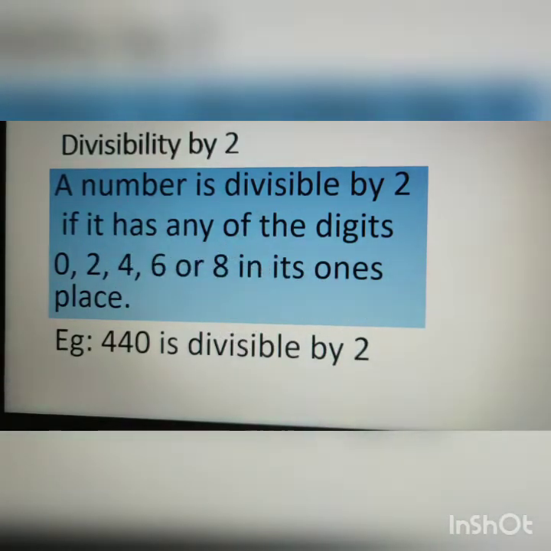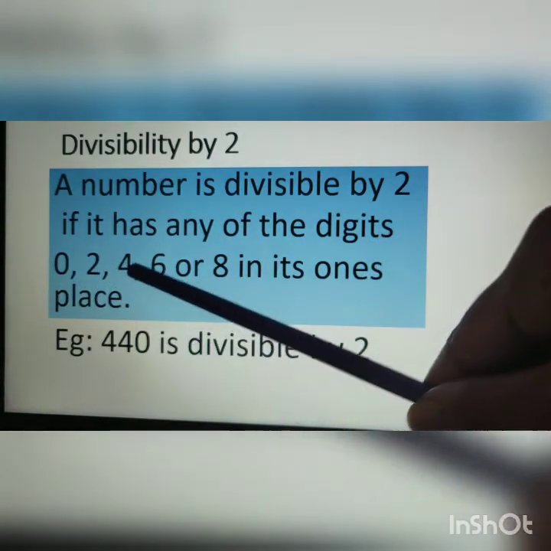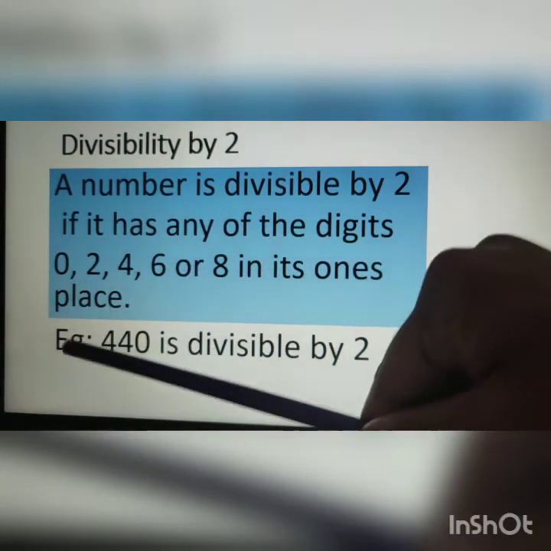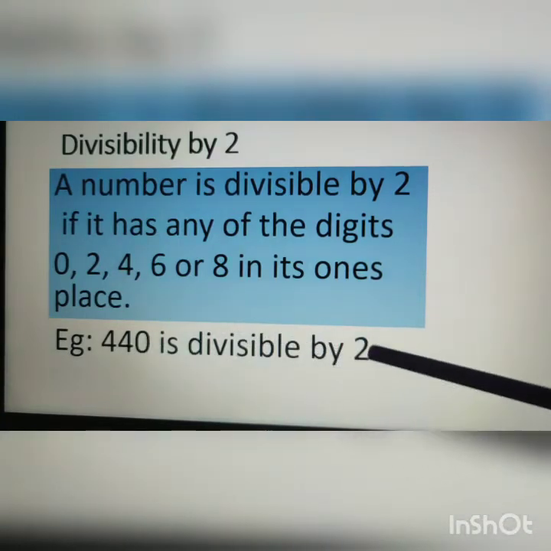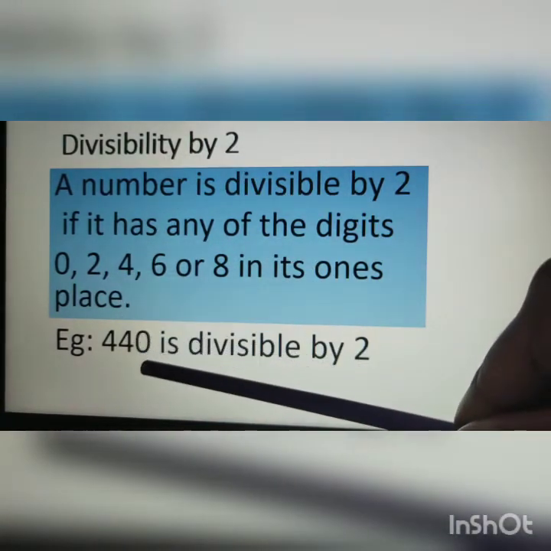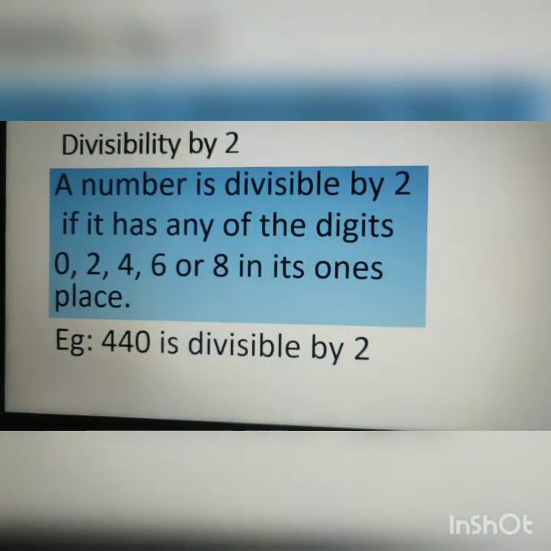They are divisible by 2. So the divisibility rule of 2 is, a number is divisible by 2 if it has any of the digits in its units place 0, 2, 4, 6 or 8. Example 440. It is divisible by 2 because in its units place 0 is the digit.